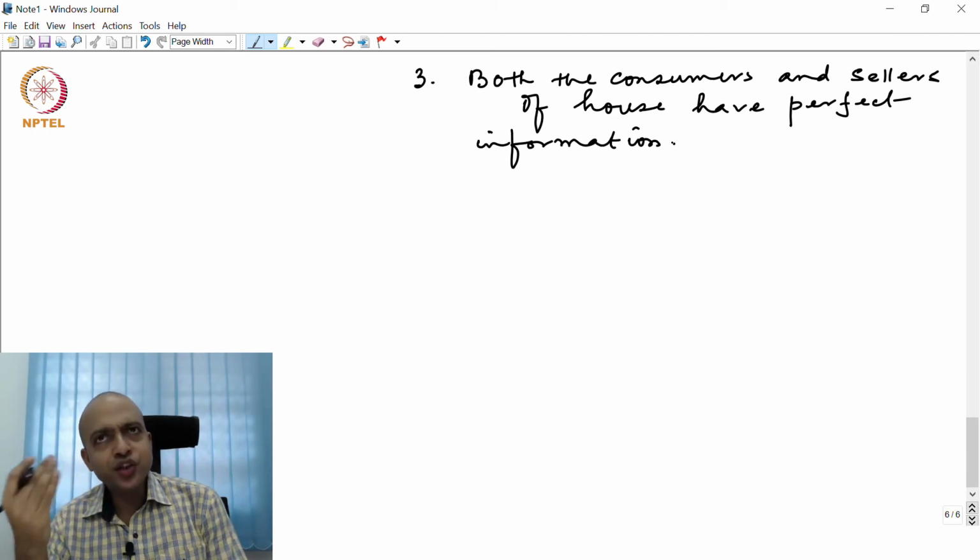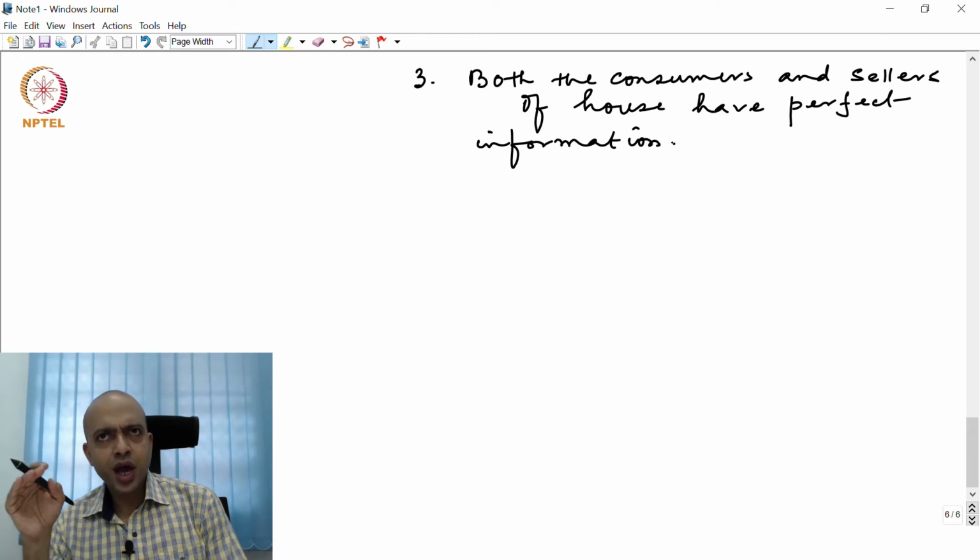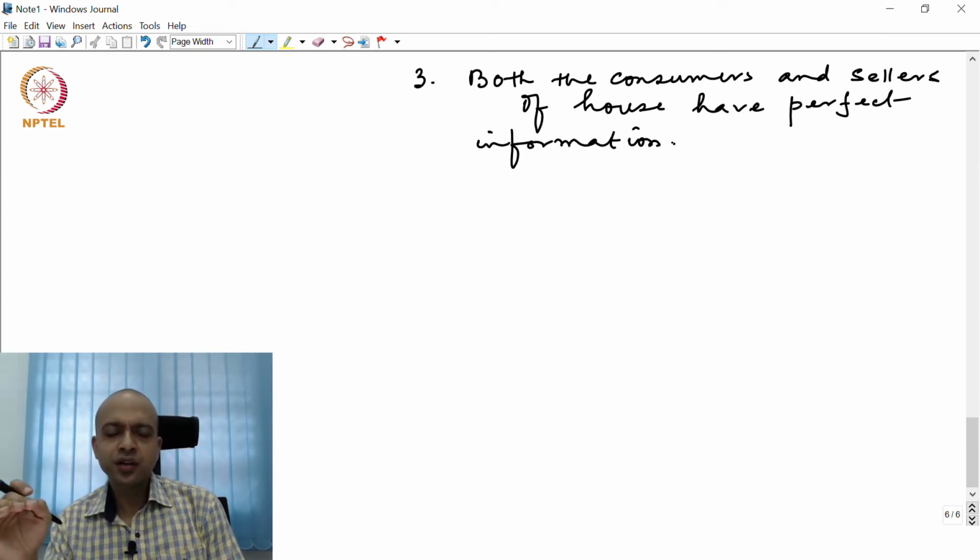I might be a consumer who has a preference. I like better environmental quality, but still I purchased a house in an area where air quality is not that great. Apparently, you might be thinking that I don't have a preference for environmental quality.